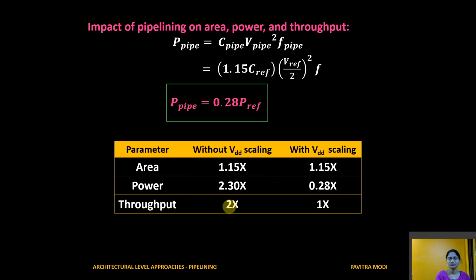And the throughput is going to be 2 times, and normally this has to be operated at 2F. But instead this is operated at F, and that's why the throughput is said to be 1 time. But we are able to maintain the same number of operations per given time. Therefore, pipelining is said to be better when compared to parallelism.